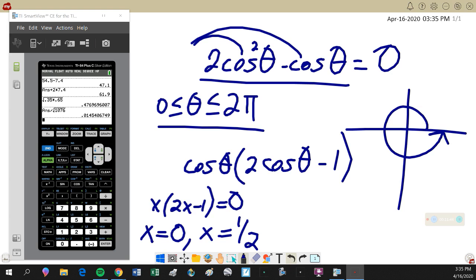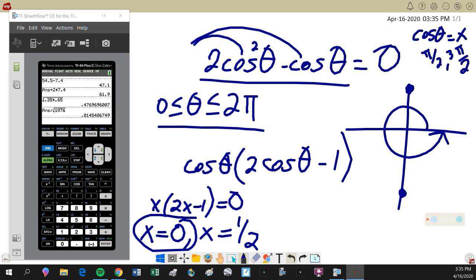So how many times does the cosine equal 0 or 1/2? Well, cosine of theta is the x value in the unit circle. So to satisfy the 0, we would need to be here or here. So pi over 2 and 3 pi over 2.